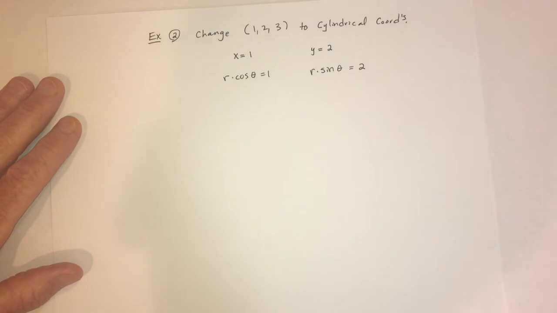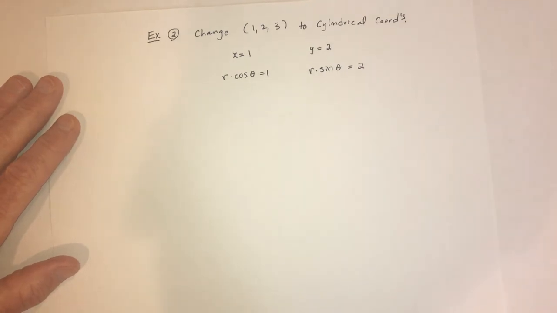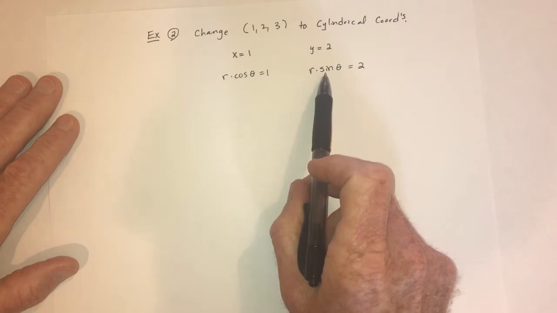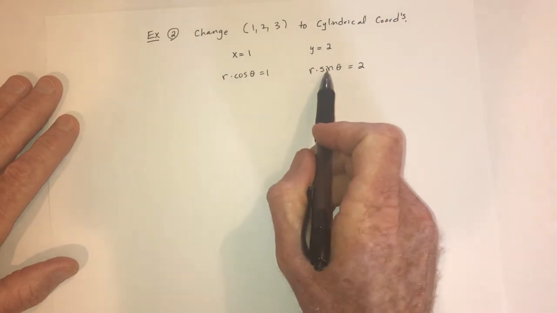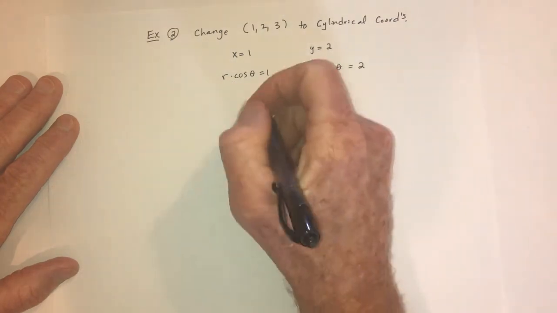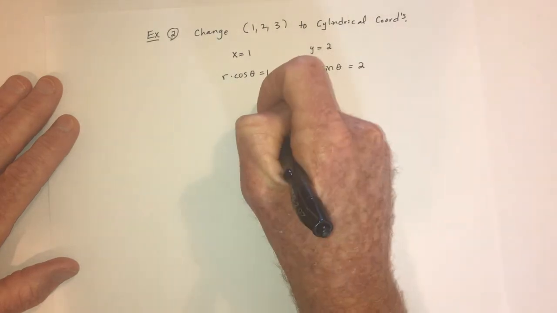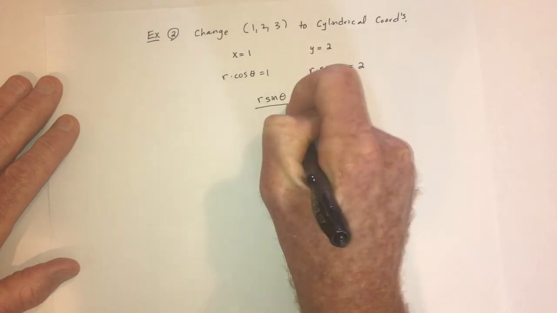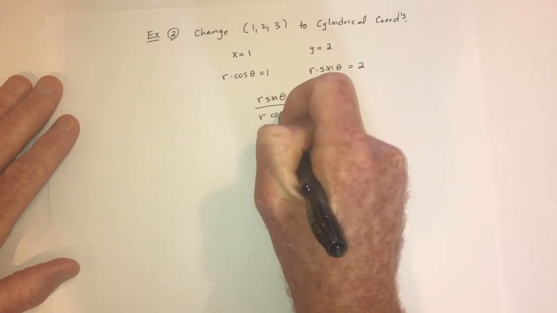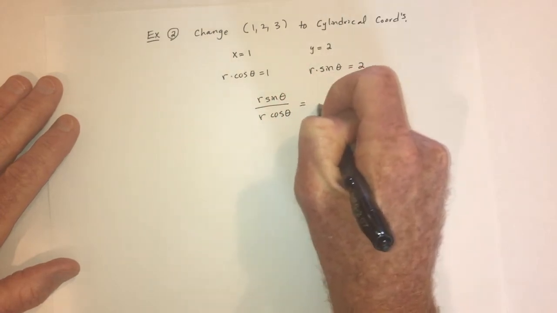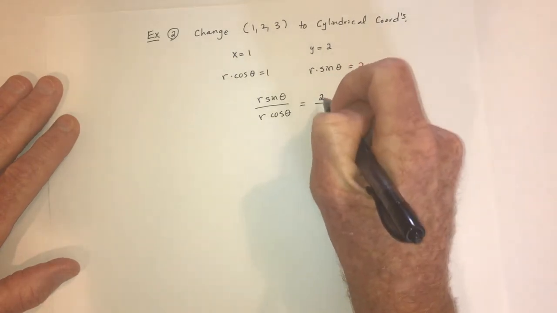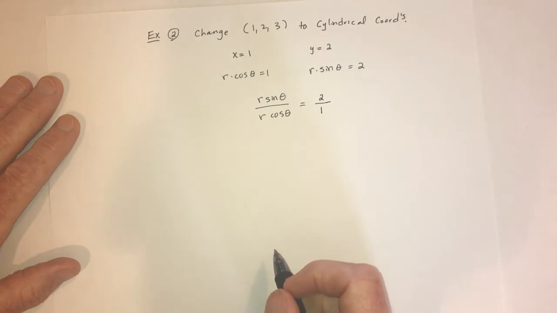Now, how are we going to solve for the r and the theta? One thing we could do is divide these two. So I'm going to take this one divided by this one. r sine of theta goes on top, r cosine theta goes on the bottom. So that means on top there needs to be a 2, and on the bottom there's a 1.